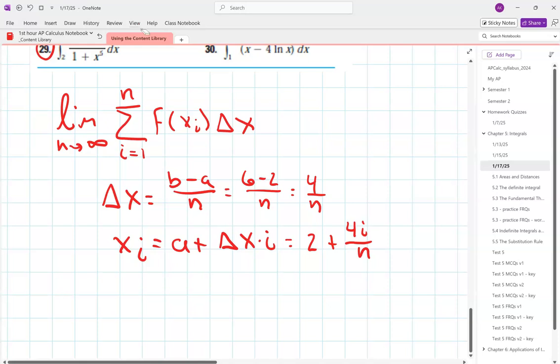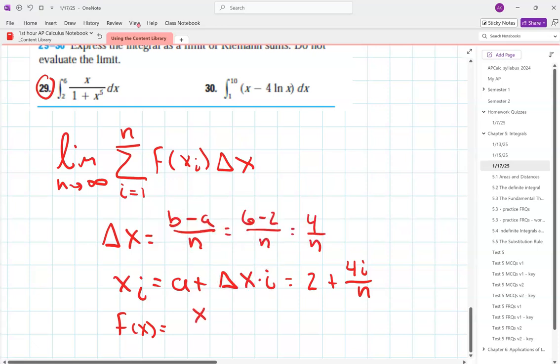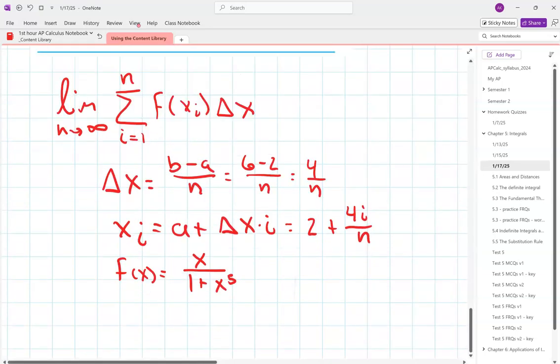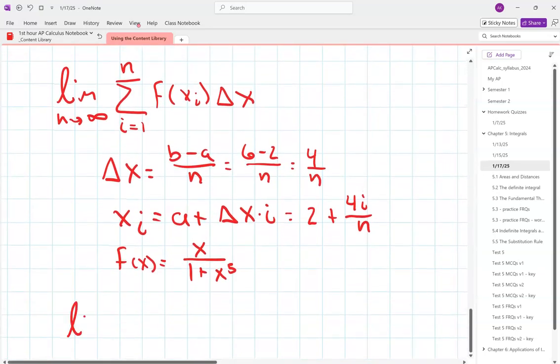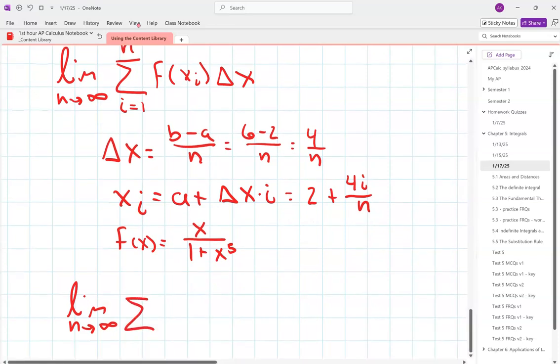And then let's just write down what our f of x is. It is going to be x over 1 plus x to the 5th. Does that feel okay? All right, so now we're going to combine all these ingredients together. So we have f of xi. Everywhere there's an x, I'm going to put in my expression for xi.